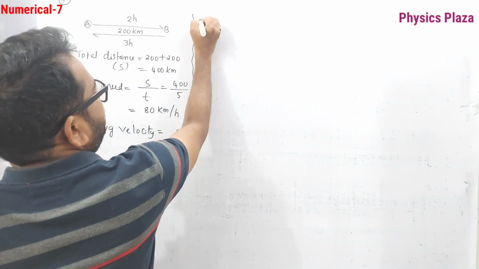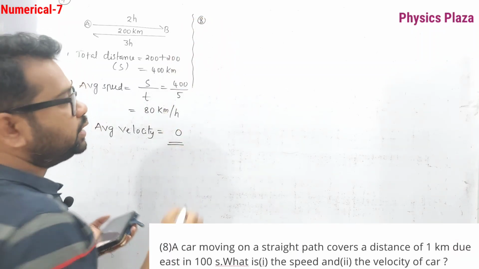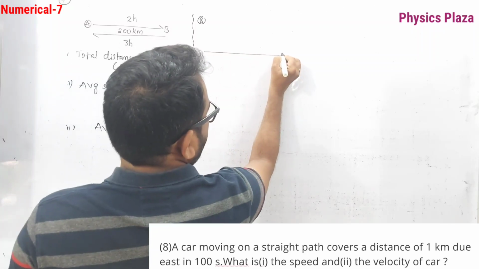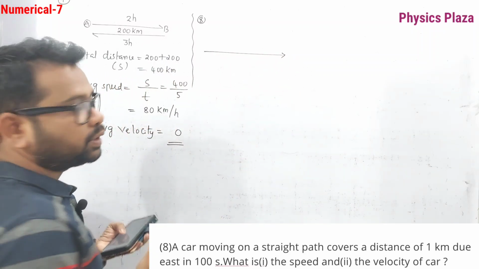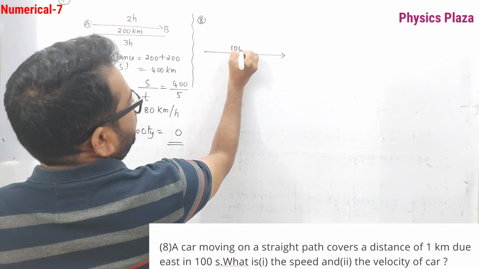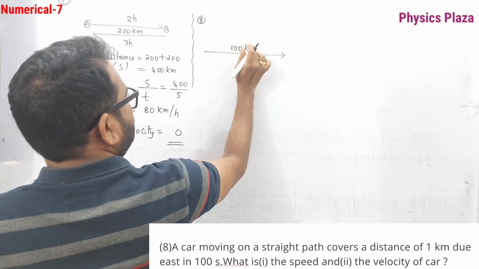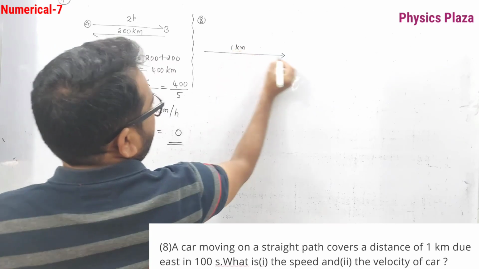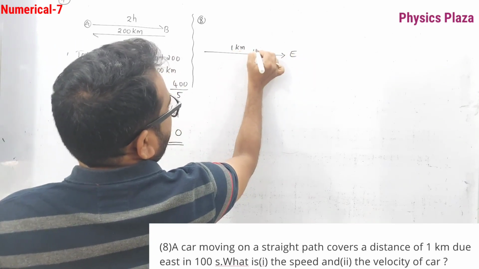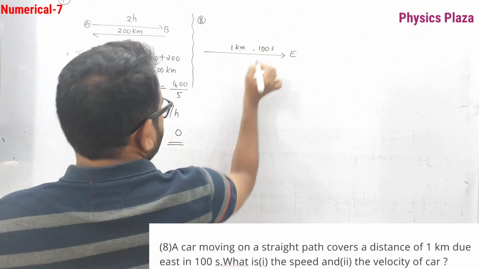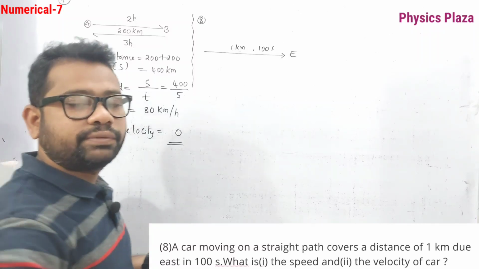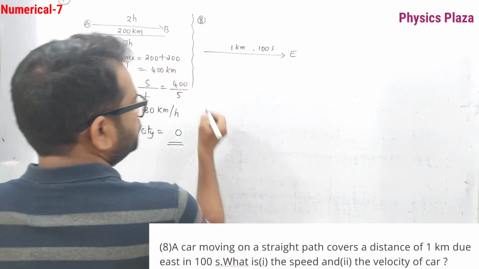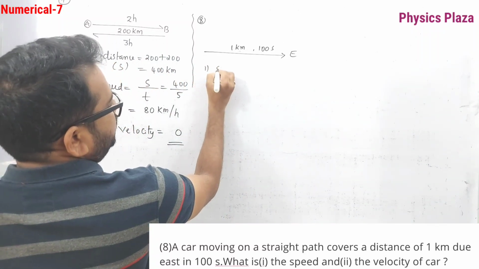In the 8th numerical, it is given that a car is going towards the east such that it covers 1 kilometer in the east direction in 100 seconds. Now they are asking us to calculate the velocity of the car and the speed of the car. First let us take speed.